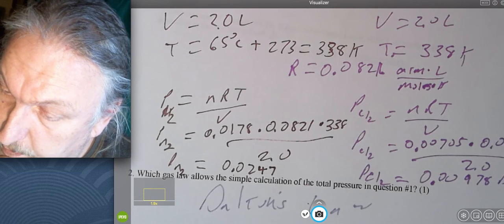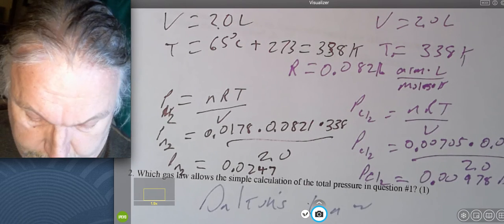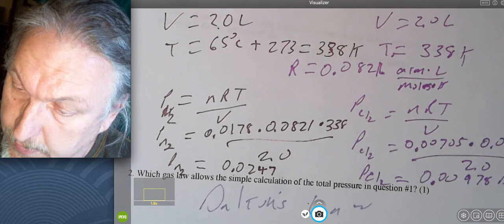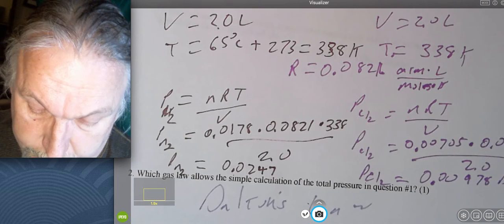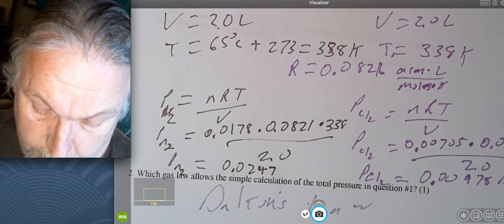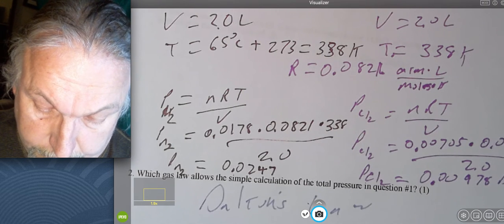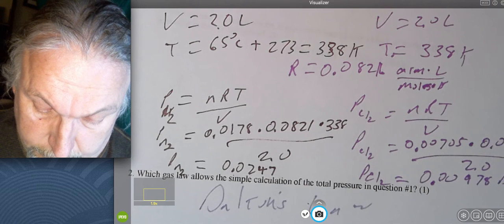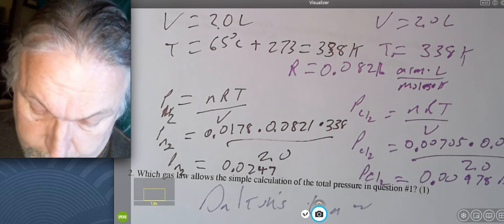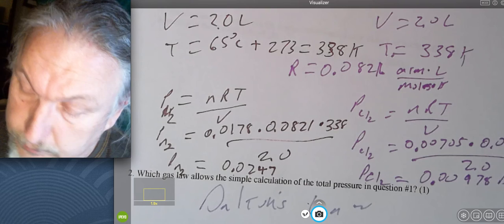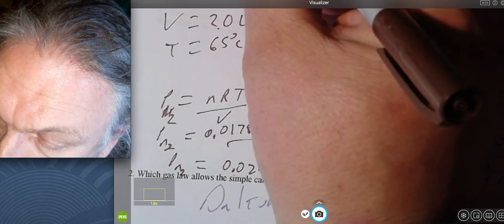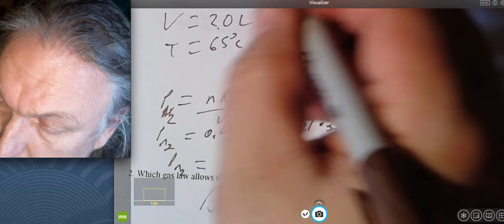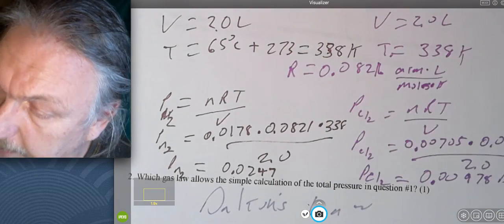Does that make sense? Let's see. 5 grams divided by, wait, clear. Oh, that's 0.178, and let's see the other one.